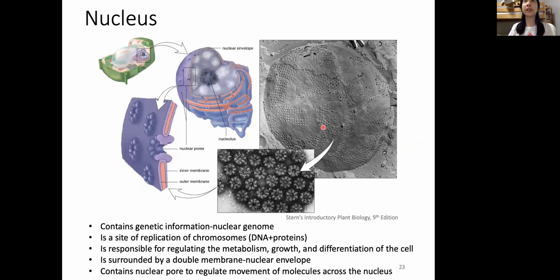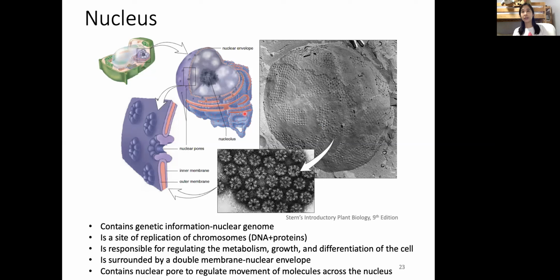The next component is nucleus. Nucleus is a very important organelle that contains genetic information or DNA in the chromosome. So it is the site of chromosome replication, and it is responsible for regulating metabolism, growth, and cell differentiation.